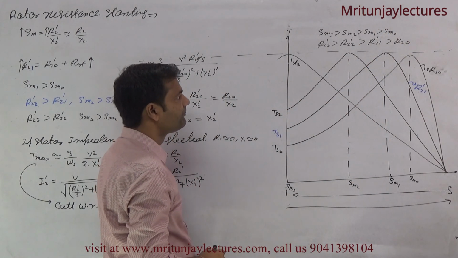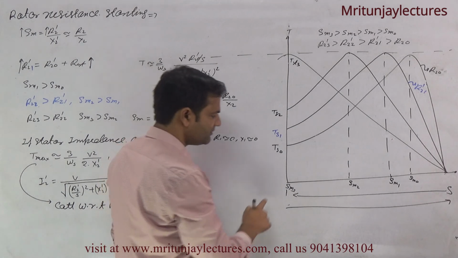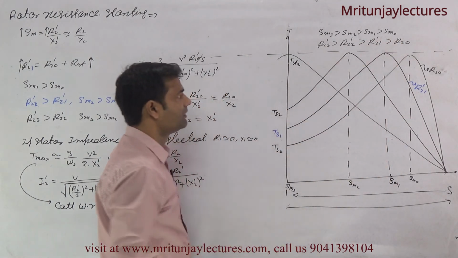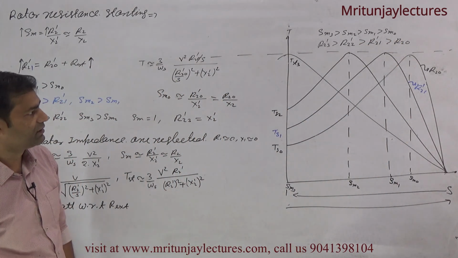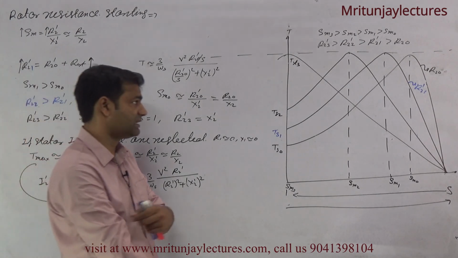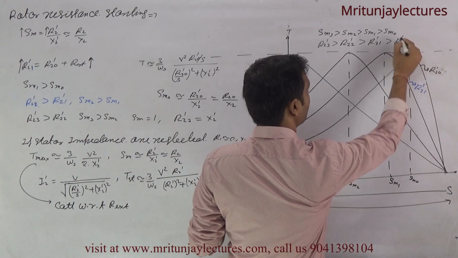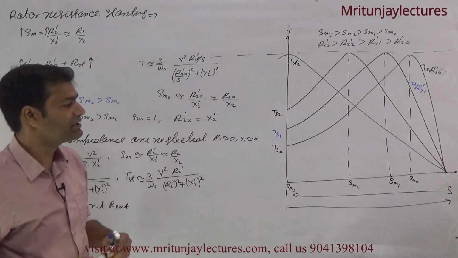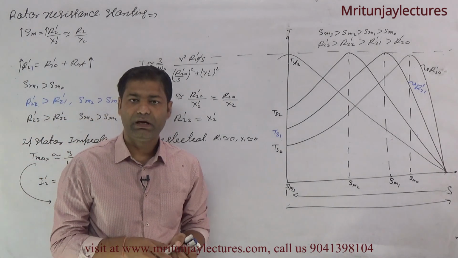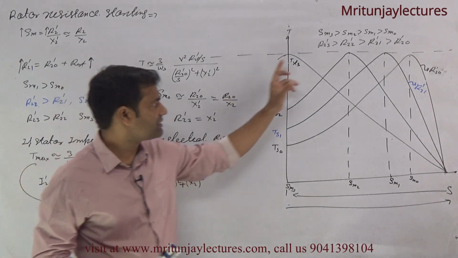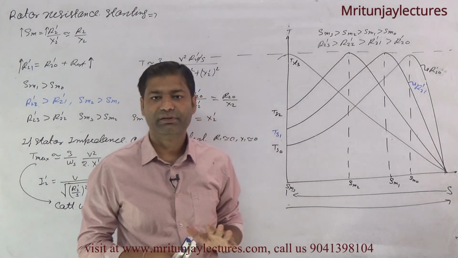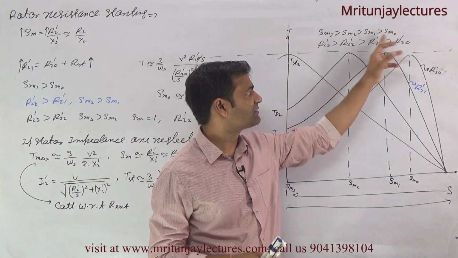That is the relation between slips. After external resistance is added to the rotor resistance, the maximum slip corresponds to this.